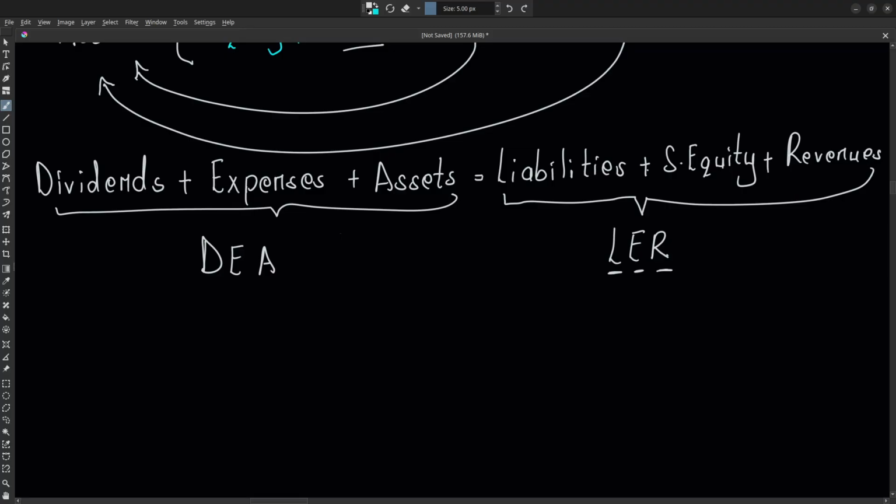Okay, so when you know which account you are increasing and decreasing, then you need to know when to debit and when to credit. When you look at the left side of the accounting equation, when we want to increase these accounts, let's say for example we have inventory that we have bought in, so our inventory is an asset account.